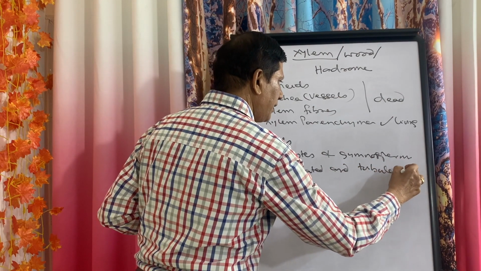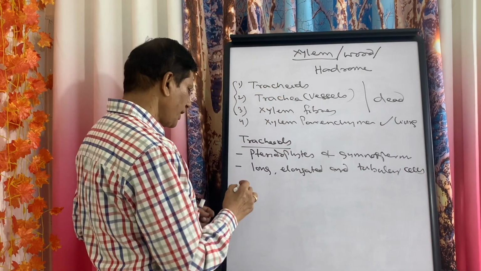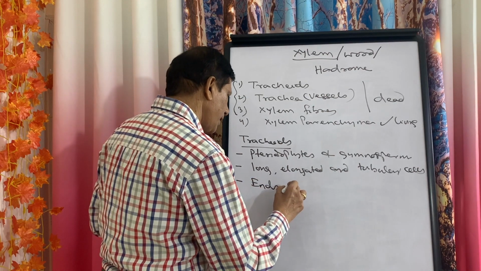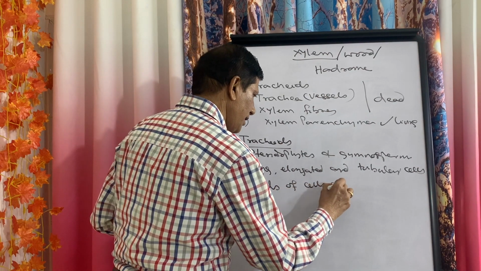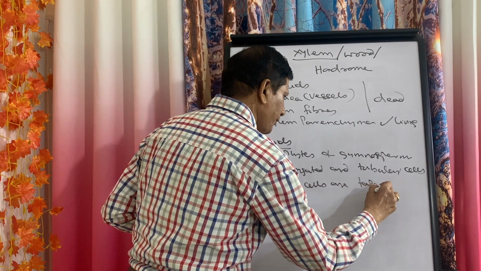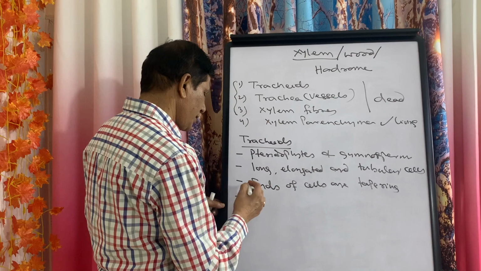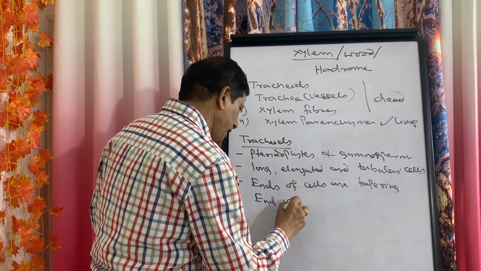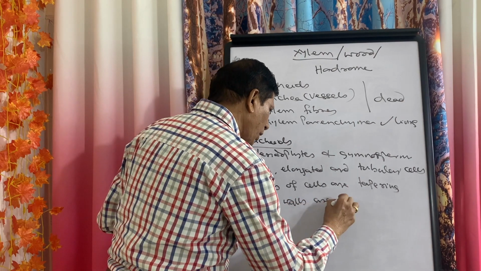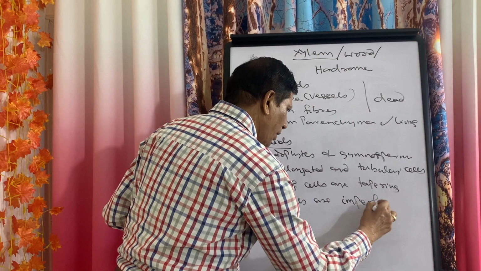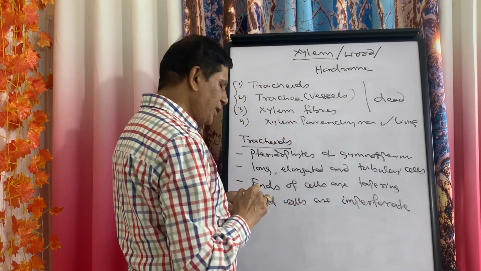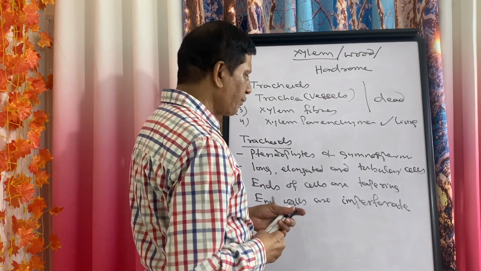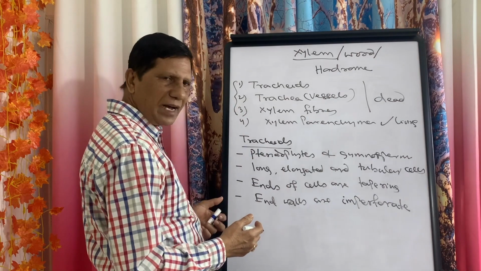The ends of the cells are tapering. The end walls are imperforate. Imperforate means there is no connection between different tracheids, and we'll see this in the diagram also.